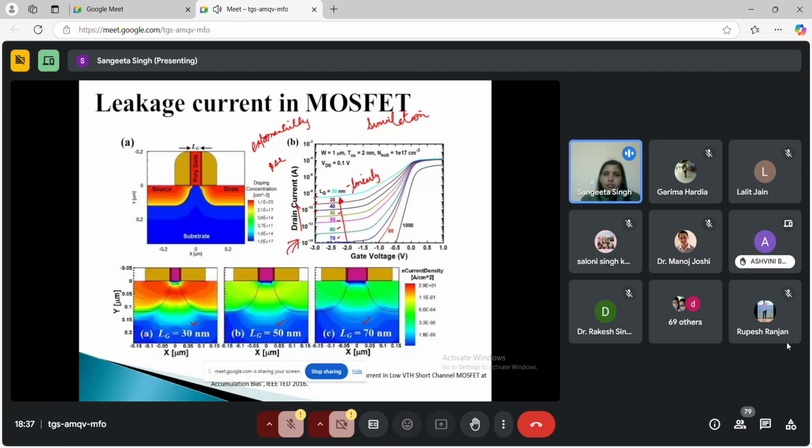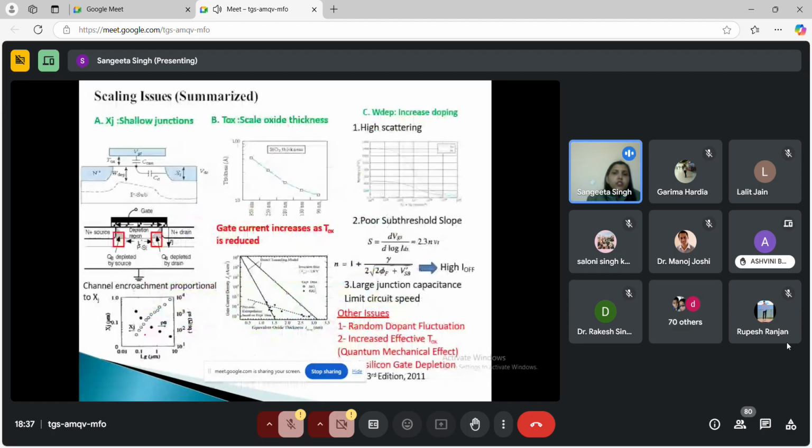Then what will happen? This cascaded effect of increasing leakage flow on the net IC performance will be very lethal. You cannot work with such high leakage transistors. So this high leakage is the major culprit why we need to go for beyond CMOS.